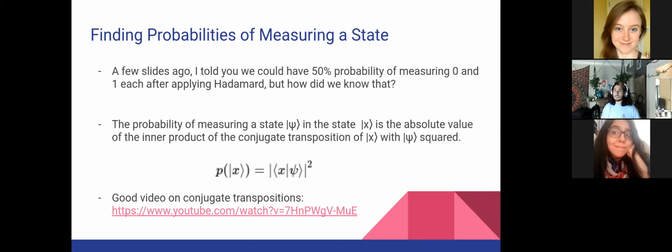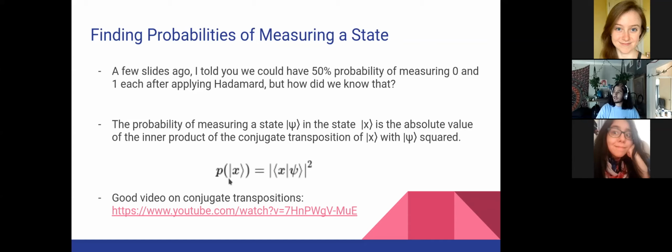So we can evaluate the probabilities for a state or a position in another state by taking the inner product of the conjugate transpose of the state we're trying to find the probability for with the parent state, and the absolute value of that squared, right? Which is represented right here.